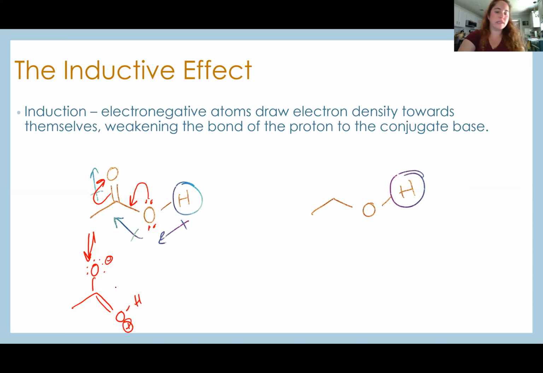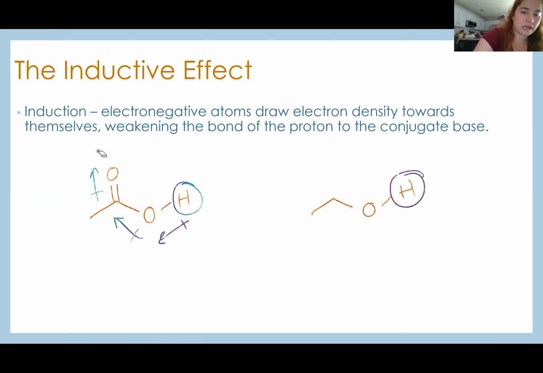That shows how the negative charge can be held on the oxygen. So that's part of the inductive effect here. The electronegative atoms that are on the other parts of the molecule are pulling electron density towards themselves, which weakens the bond of the proton. In the resonance form that I just drew and then erased, we saw that this can somehow put a partial positive onto this oxygen.